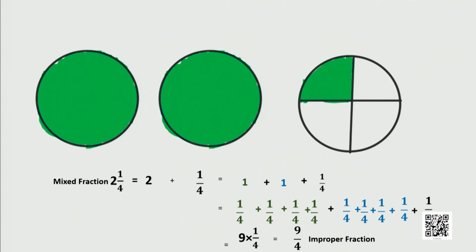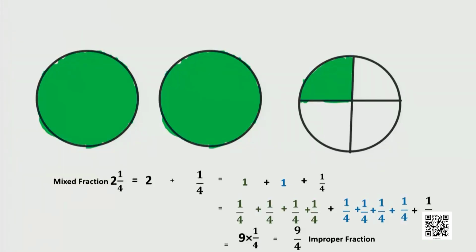A proper fraction is written in the form p over q, where p is less than q. But for an improper fraction, it is of the form p over q, where p is greater than q. Here you can see that 9 is greater than 4, so it has a special name, improper fraction.